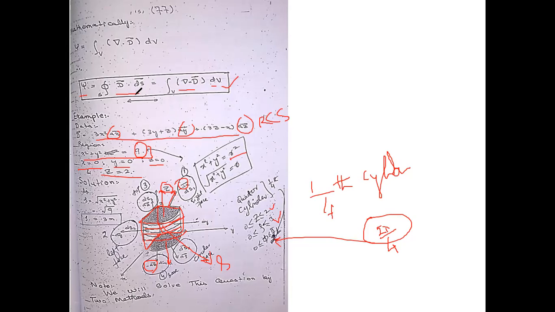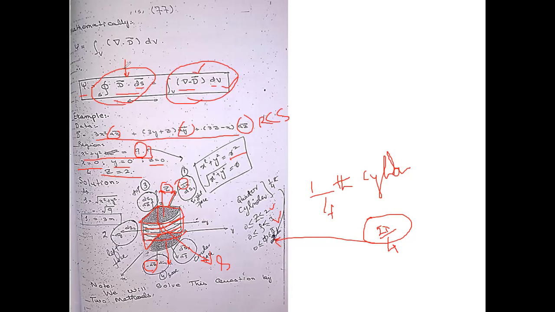The question is, we have to prove the divergence theorem. So first we will find this side, because this is simple, and we will do it in a few minutes. And then we will switch to this side, and this is a bit lengthy because we have five surfaces, so we have to find the formula for each surface, for dS1, dS2, dS3, dS4.